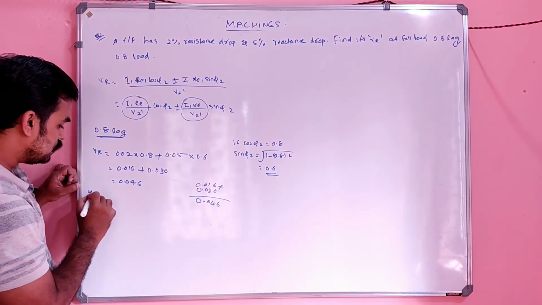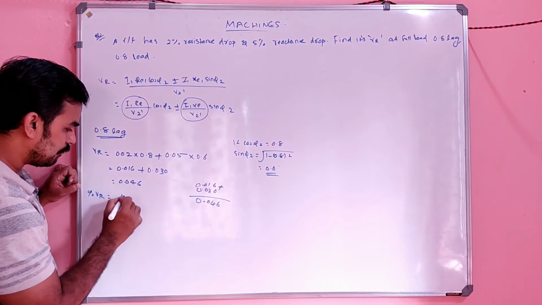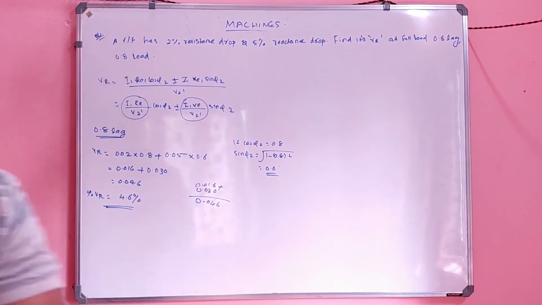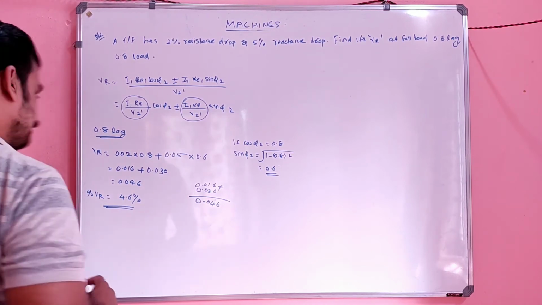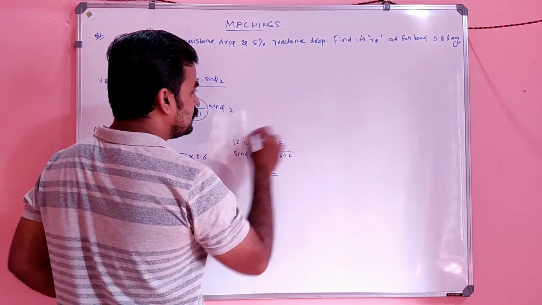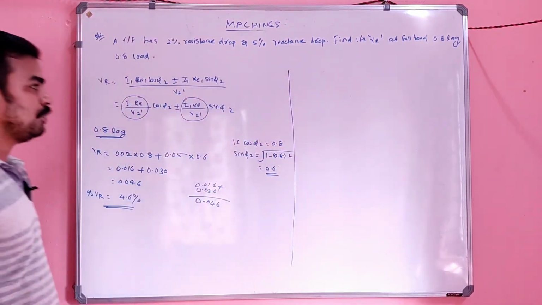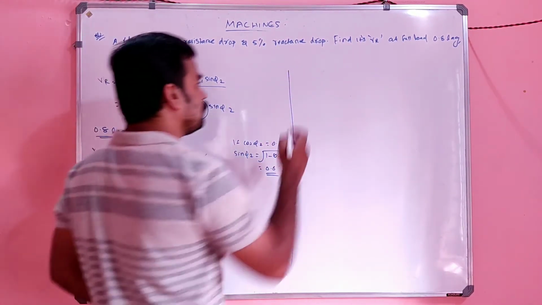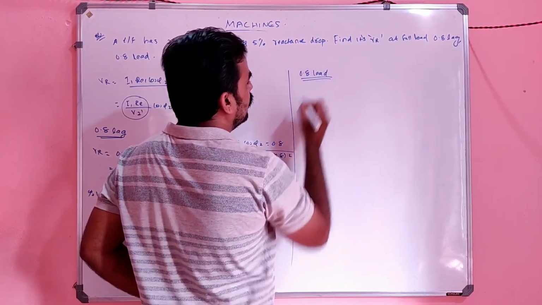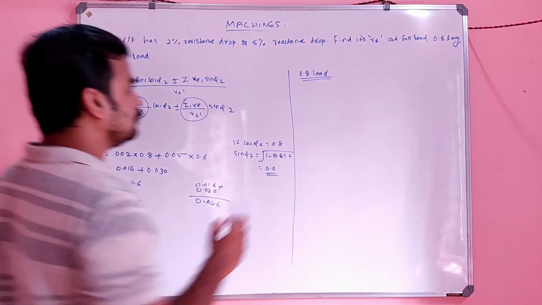And percentage VR will be equal to simply 4.6%. Is it clear? That is for 0.8 lag. Then that will be 0.8 lead.